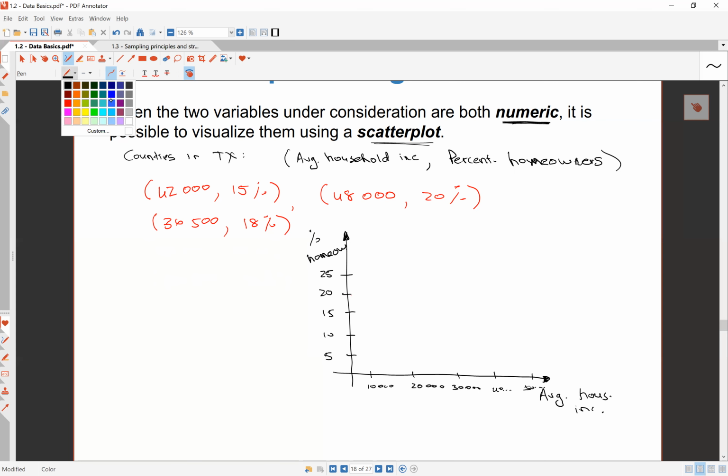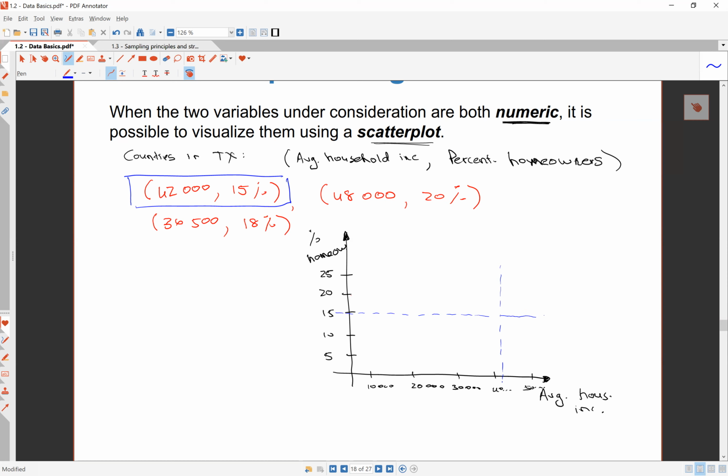Then I can take any data point. The X value here is 42,000. So imagine a vertical line running through the X-axis there. The percentage homeowners is 15%. So imagine a horizontal line running there.